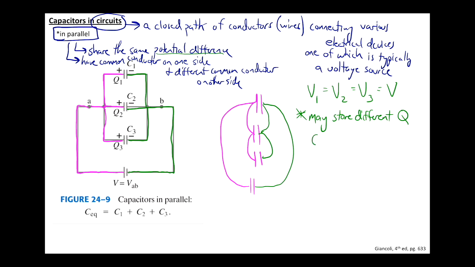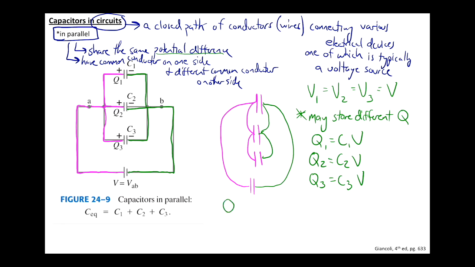So we could say Q1 is equal to C1 times V, using the equation from a few slides ago. And we can write similar equations for the other 2 capacitors. Notice I'm not using a different subscript for V because V is common to all of them. But we have 3 different capacitance values and 3 different charge values being stored.